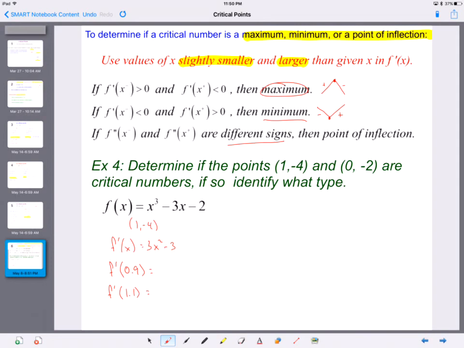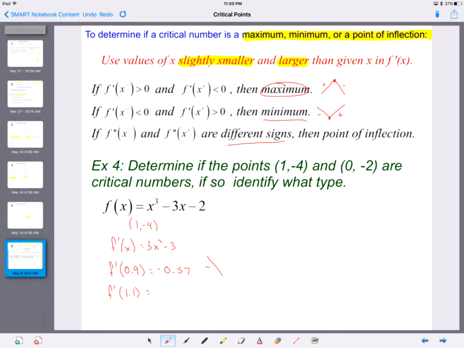So if you plug in 0.9 into the derivative, okay, right here, we're plugging it into the derivative. That's going to tell us the slope at 0.9. So if we plug this in, I get negative 0.57. Okay, so right now, before 1, it's going down.